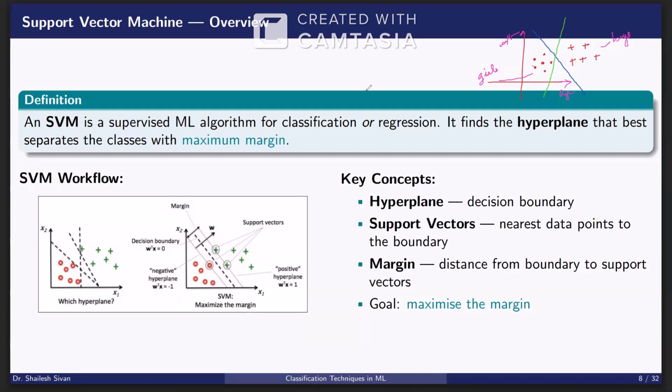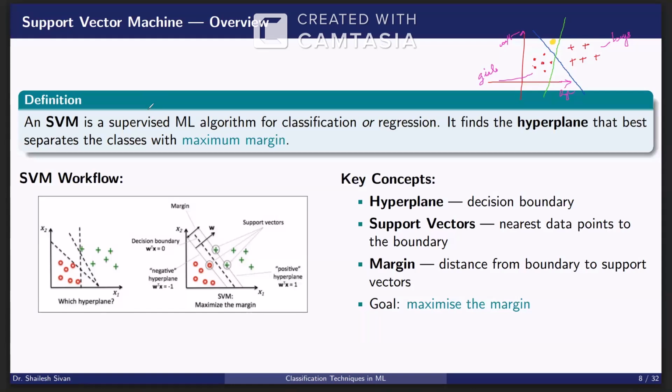And if a new observation appears over here, with this blue hyperplane I could say that observation is a boy, right?